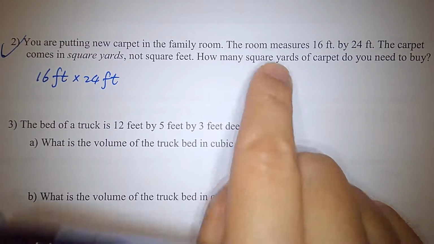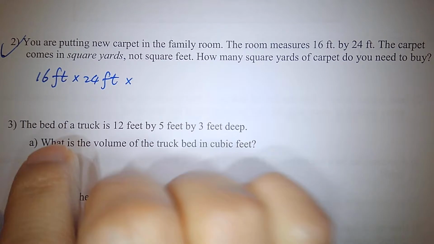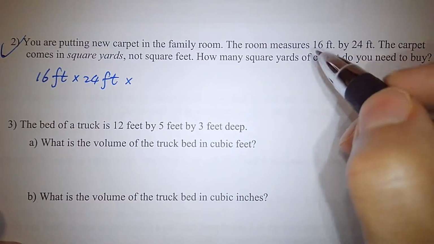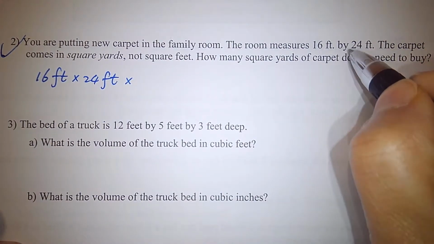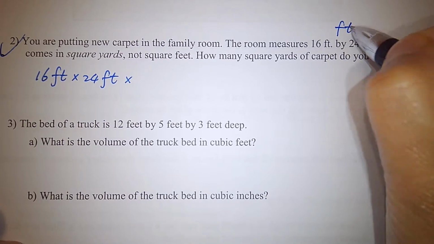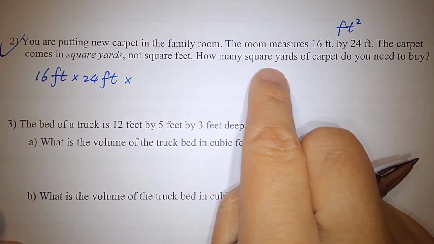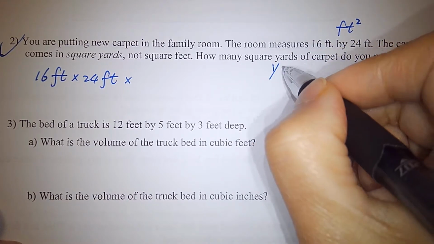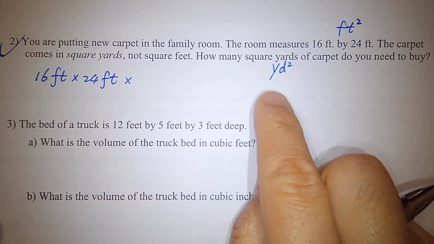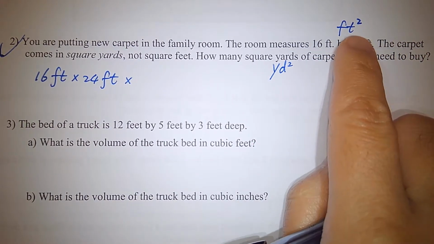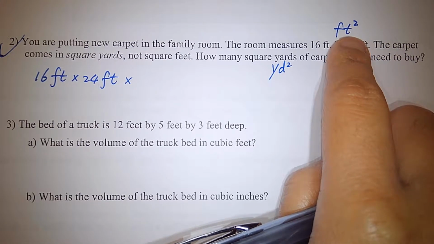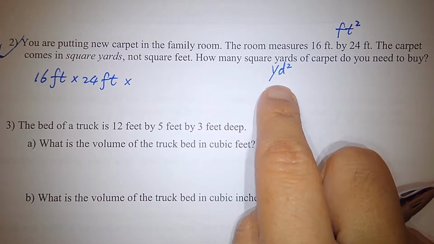So what should we do? We want to convert from what? This by that gives us the area of the room in square feet, right? We want to convert into what? Square yard. So this is our aim, from this unit to this unit.